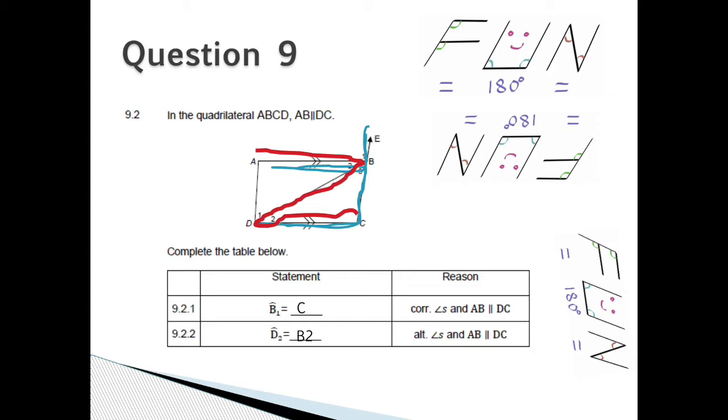This can be seen by the blue line. 9.2.2, the angle D2 is equal to B2. And that's because they are alternate angles and AB is parallel to DC. And this can be indicated by the red line.